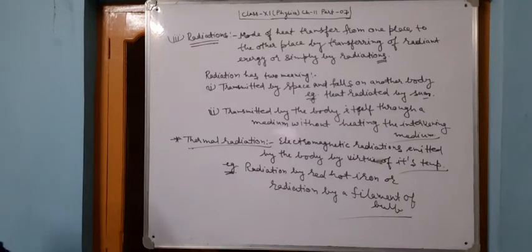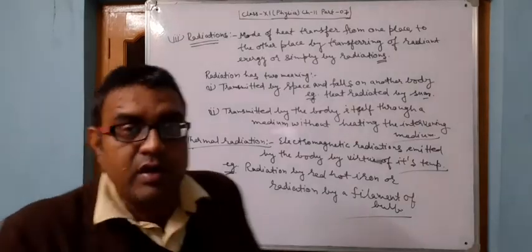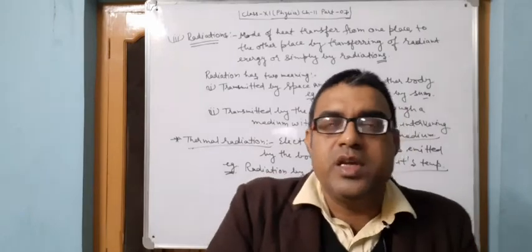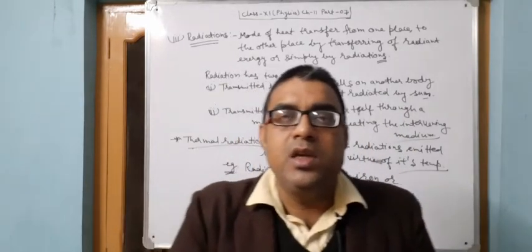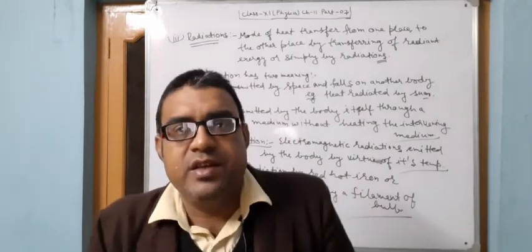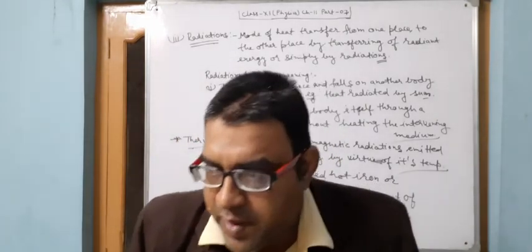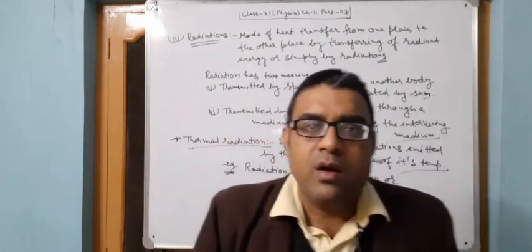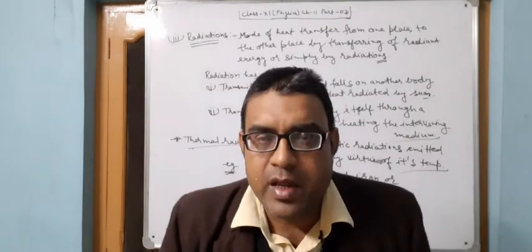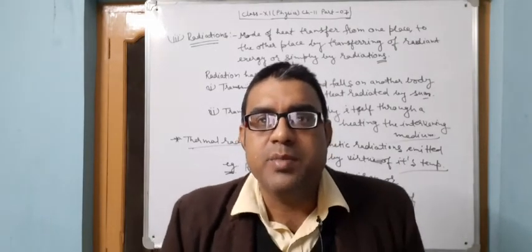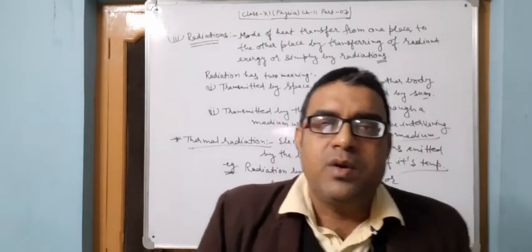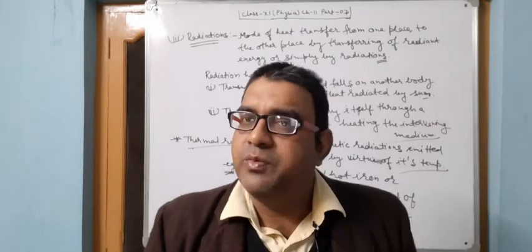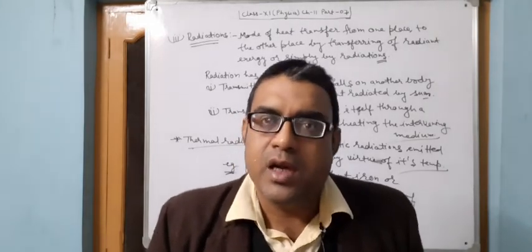Now, since we are talking about electromagnetic radiations, it is obvious to discuss the color of the body, because as we studied in physics, when electromagnetic radiations fall on a body, a certain part of those radiations is absorbed by the body, and a certain part is reflected. Whatever part is reflected by the body, that color of the electromagnetic spectrum we observe, and that will be the color of the body.